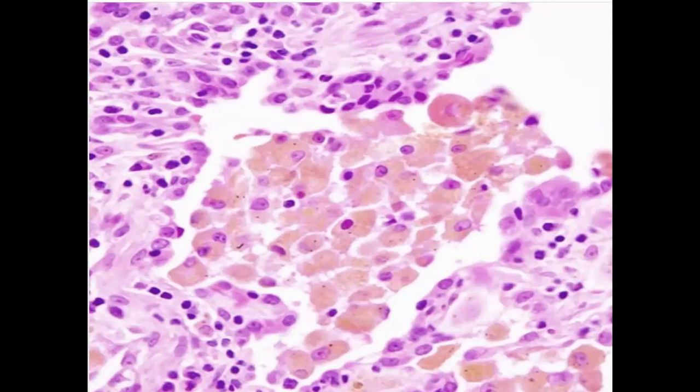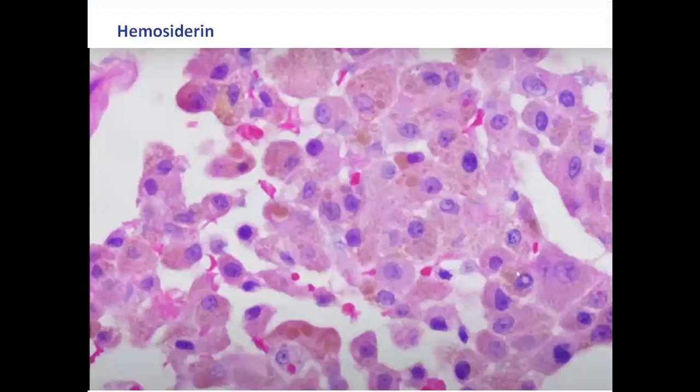So how can we differentiate hemosiderosis macrophages versus smokers' macrophages in RB? The first thing is that the pigment in RB is light brown, a little bit granular and fine in texture, while the pigment in pulmonary hemosiderosis, because of the iron, is much coarser and much darker in color.